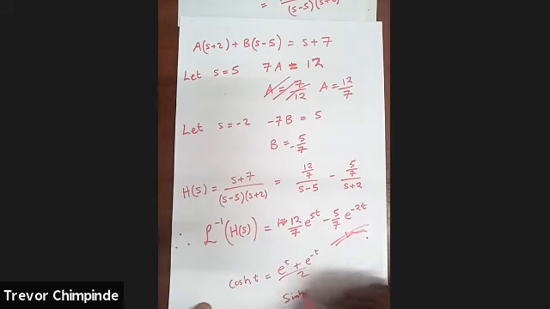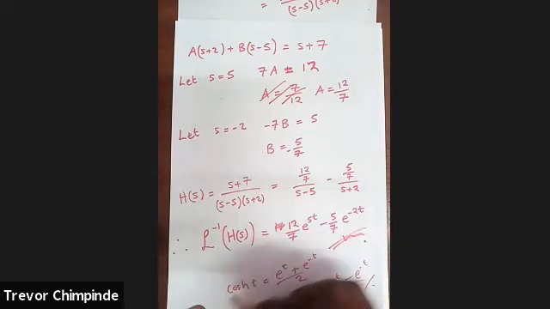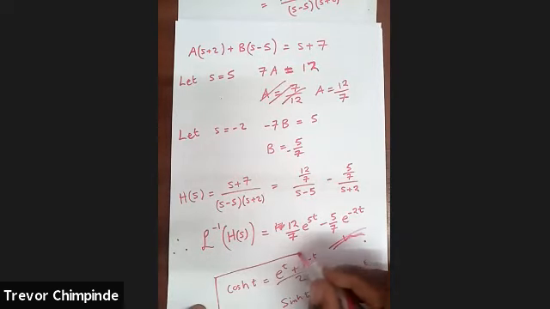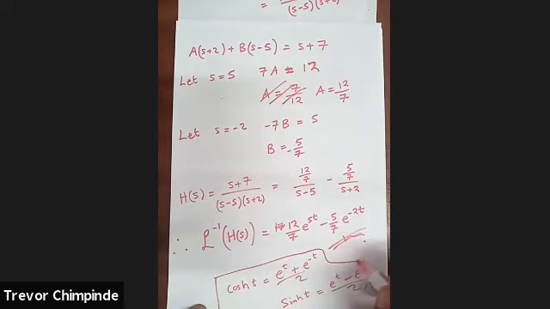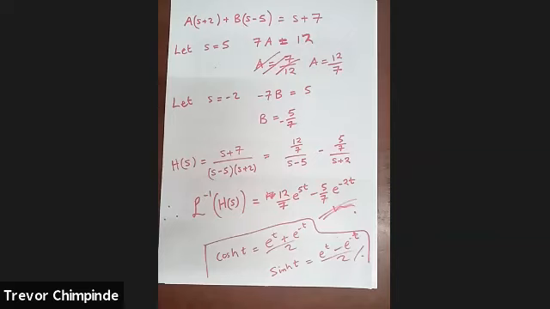Then the hyperbolic sine is (e to the t minus e to the minus t) over 2. So if you use this, it will give you exactly this. You get it, right? Yes, sir. Okay. Very good question.